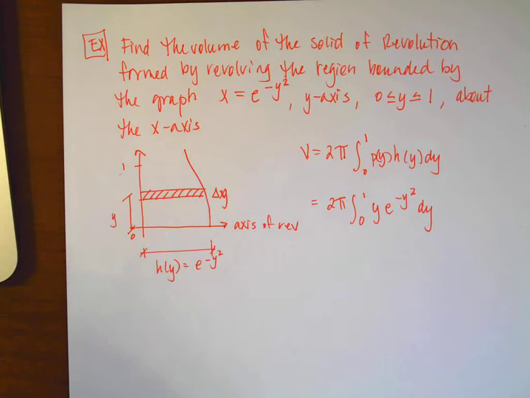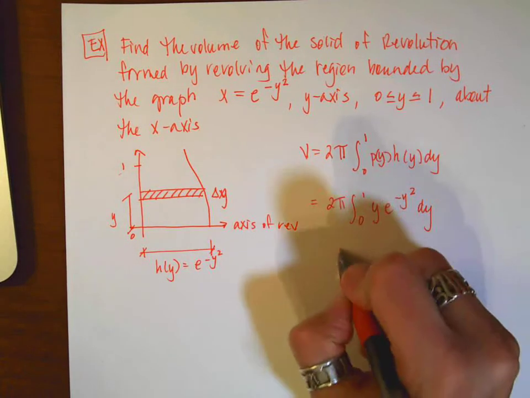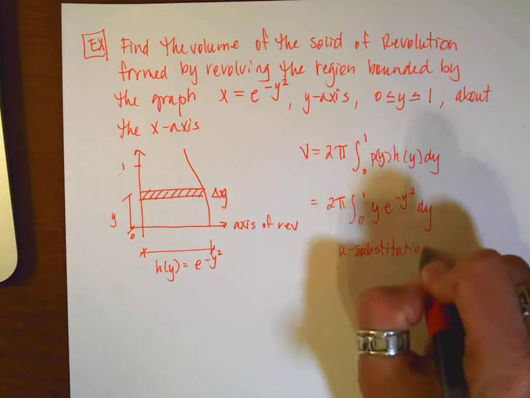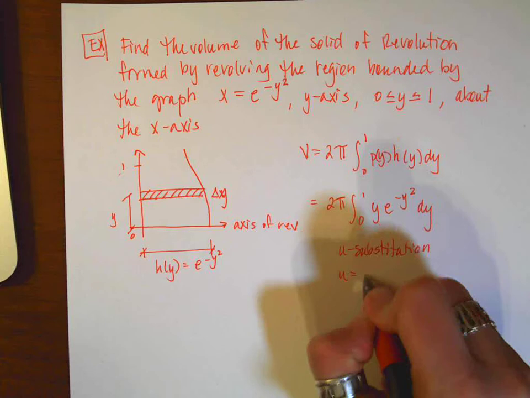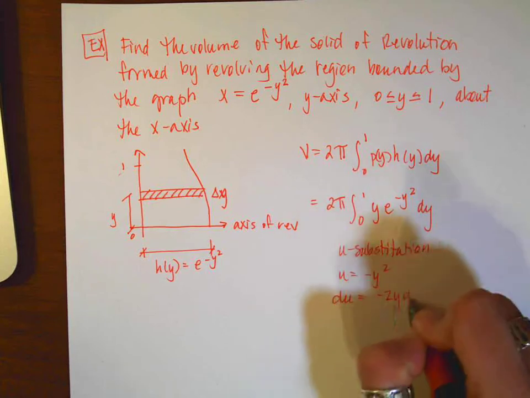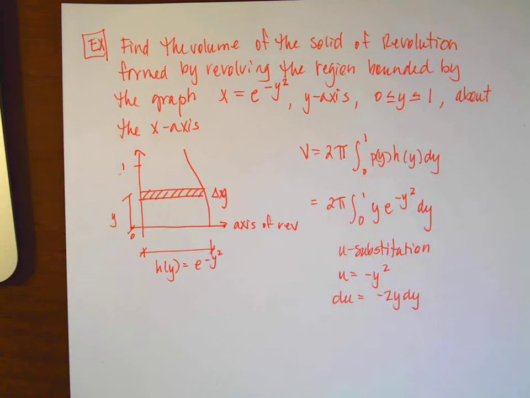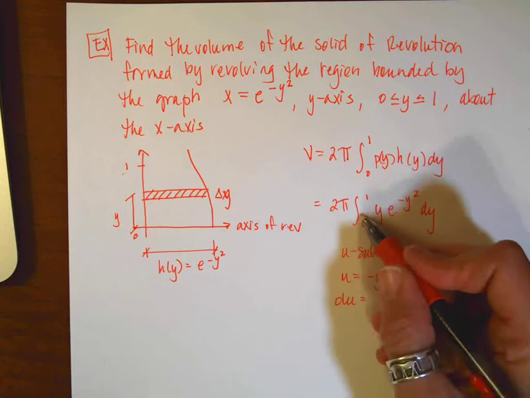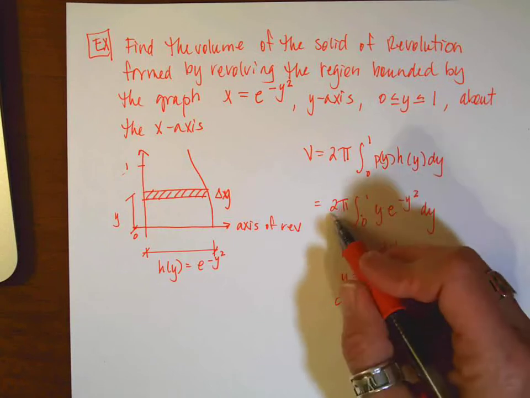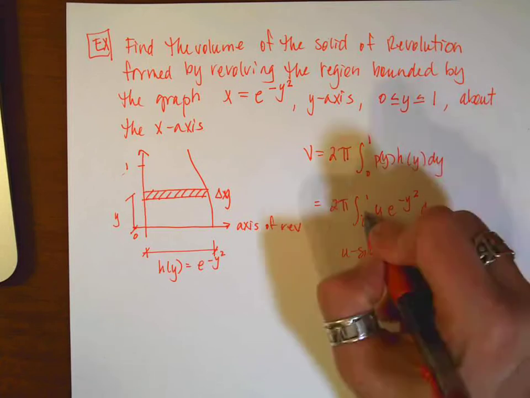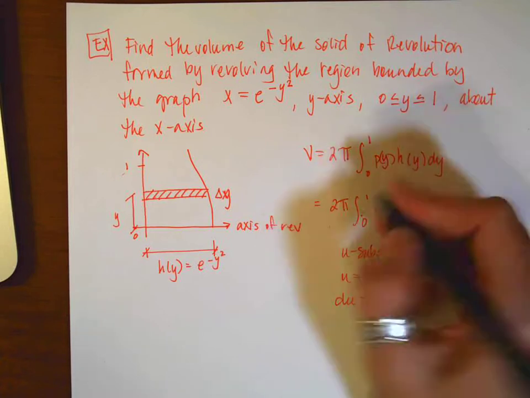And remember that the integral of e to the y is e to the y. Remember that the derivative of e to the y is e to the y. It's kind of a handy-dandy all-purpose little equation. If I did use substitution, then I might let u equal the negative y squared, so du would be negative 2y dy. So then if I finish the problem, I would have to introduce a negative 2 on the inside, and a negative 1/2 out here.